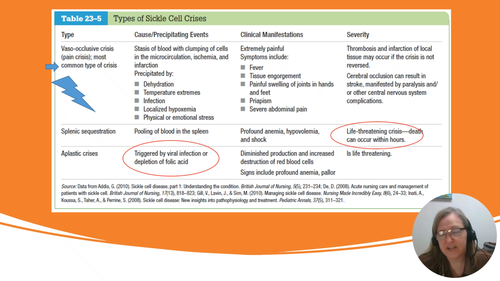Other manifestations are tissue engorgement, painful swelling over the joints, hands, and feet. Priapism is a medical emergency because they can get a clot in their penis if they're male. Severe abdominal pain is often associated with clotting around the intestines or possibly the spleen. The severity is related to the degree of the infarction that they're experiencing.